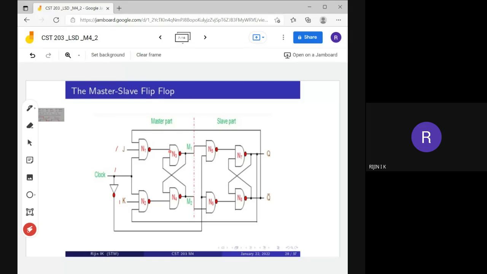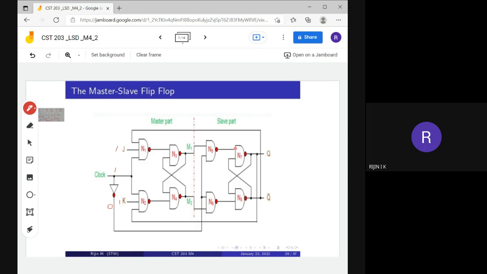That means the first master flip-flop will be active, because it is an inverted connection. If you give 1 here, here it will be 0. So that zero clock pulse is given to the slave, so it will be inactive.